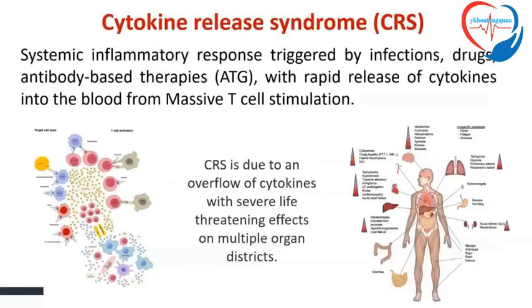So the cytokine release syndrome is a systemic inflammatory response triggered by infections, drugs, antibody-based therapies, etc., with rapid release of cytokines into the blood from massive T cell stimulation. And this stimulation ends up spilling over cytokines into the overall circulation, leading to several different organ dysfunctions.